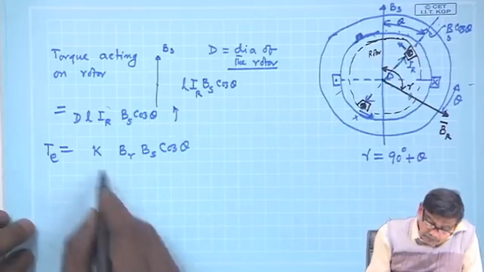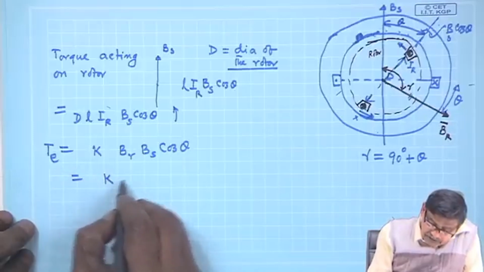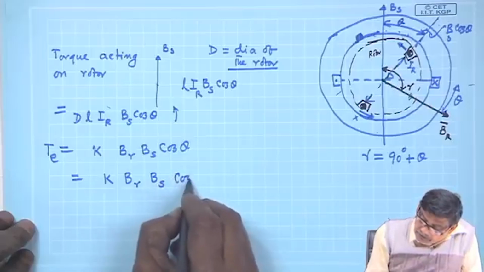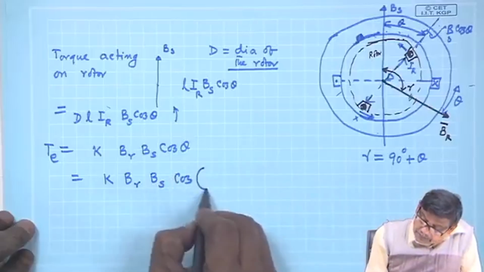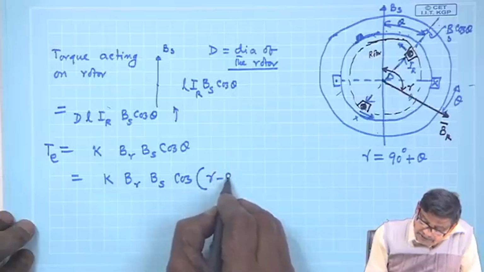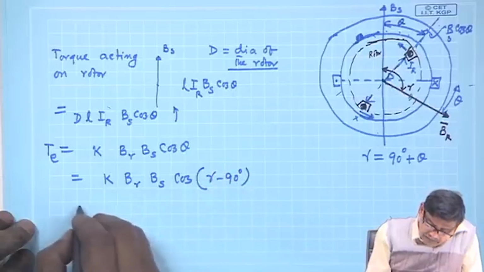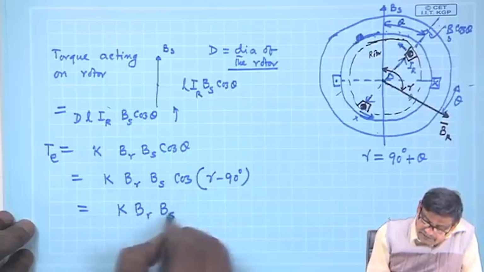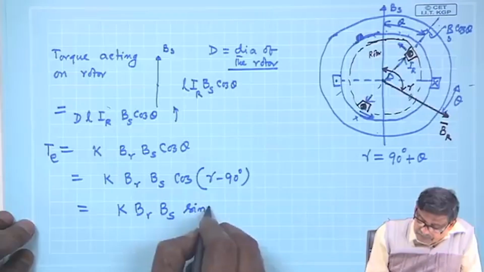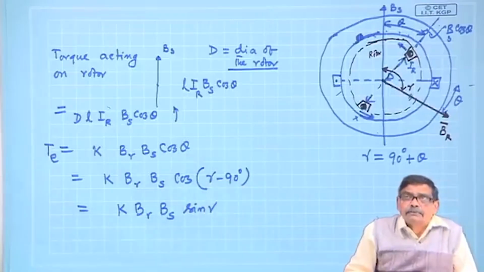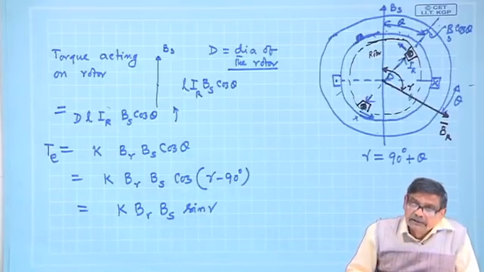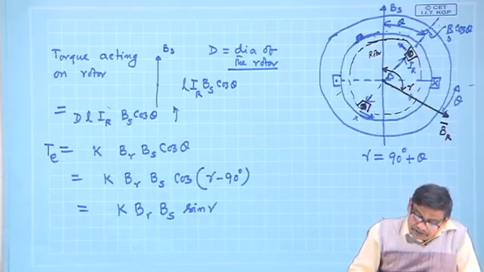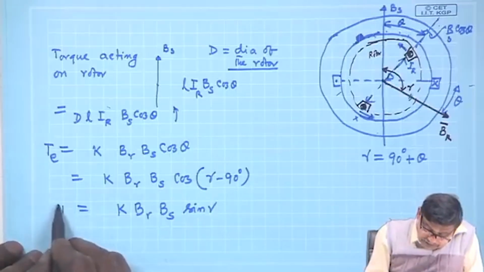Therefore, this expression of the torque is k Br Bs cos of theta, where theta is nothing but gamma minus 90 degrees, which gives k Br Bs sin gamma, because cosine of 90 minus theta is the same as cosine of gamma minus 90. So, this is the expression of the torque.